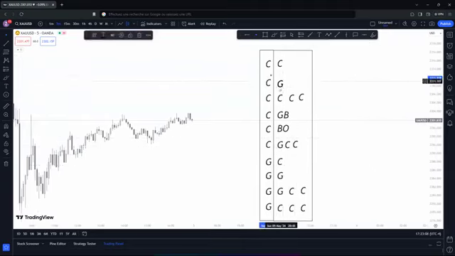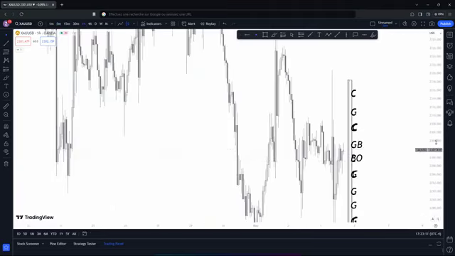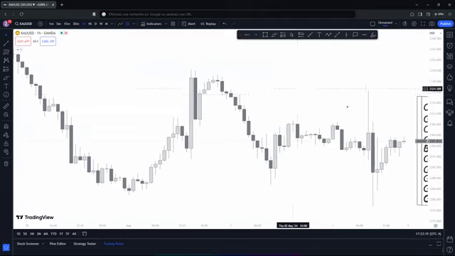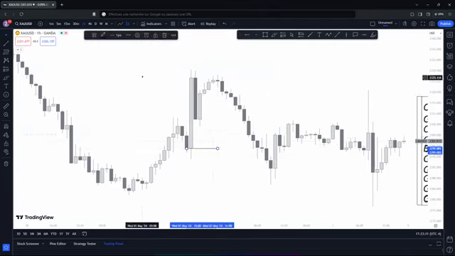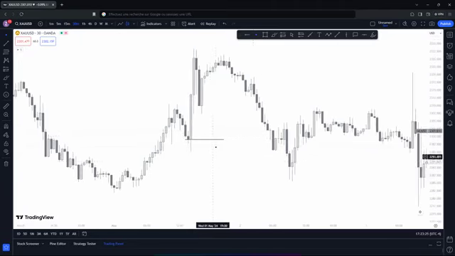So here, the second combo is classic to gap. You're going to find a classic, which is an A or V level. Let's say this is a V, and then if you drop down to the M30, you're going to find a gap. Now here, this is equilibrium, H1 and M30.